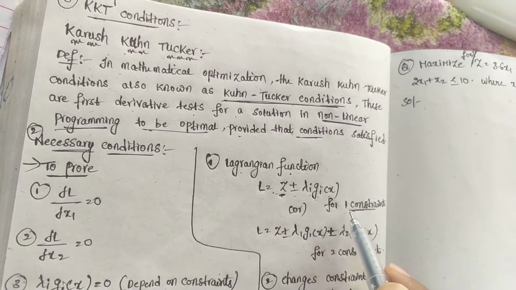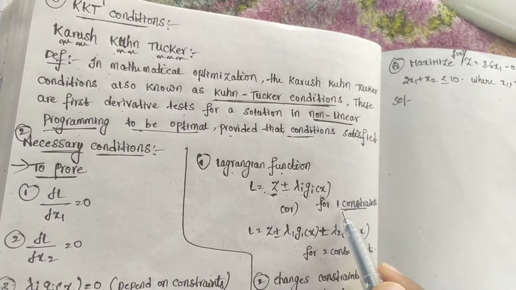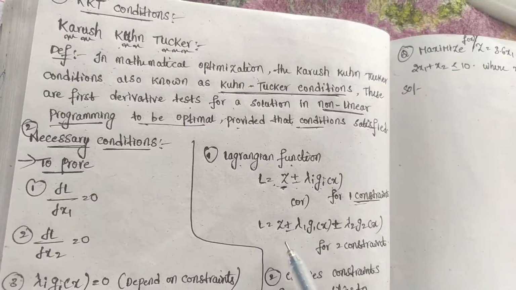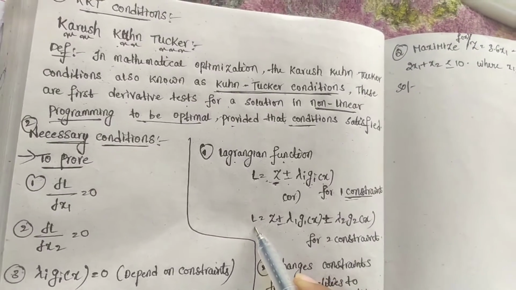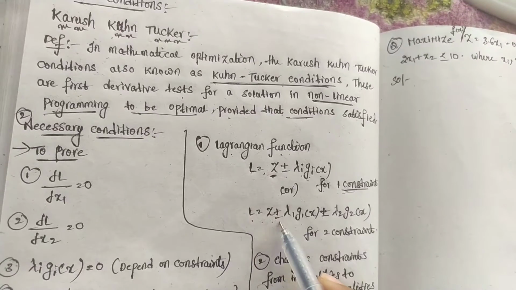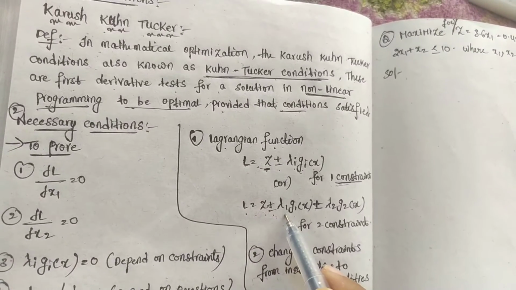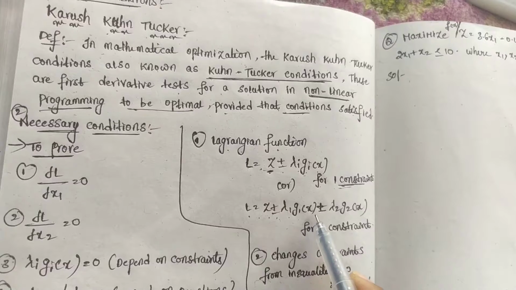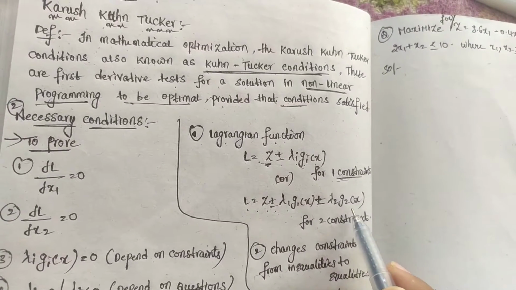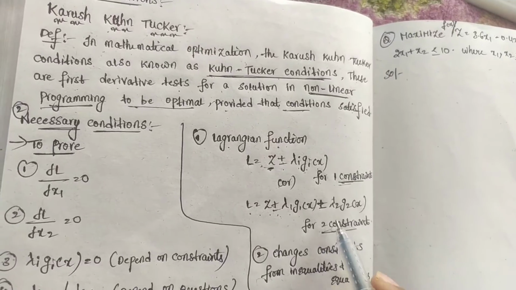This is the formula when only one constraint is given in the problem. If more than one constraint is given, the Lagrangian function formula is capital L equals Z plus or minus lambda 1 g1 of x plus or minus lambda 2 g2 of x for two constraints.